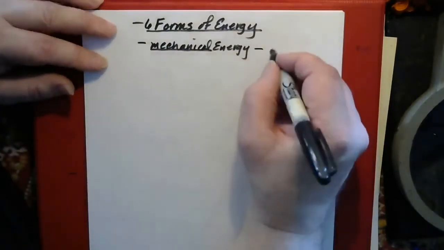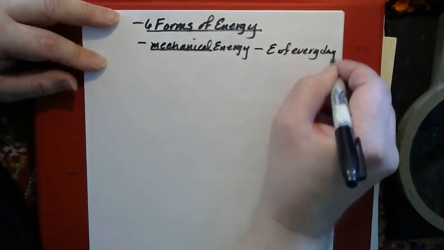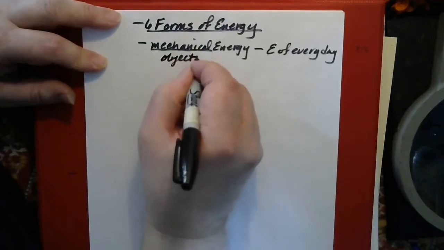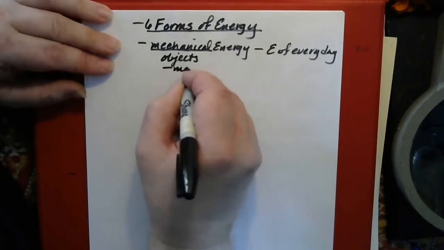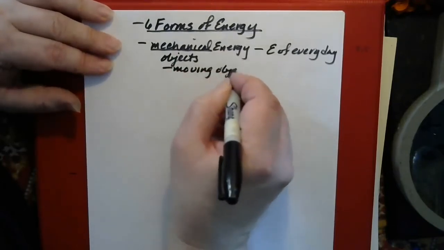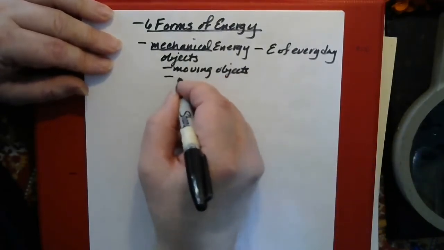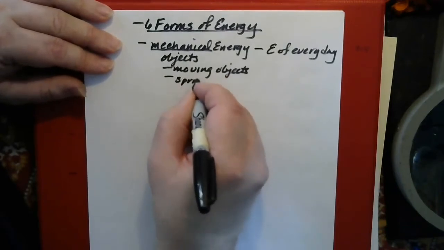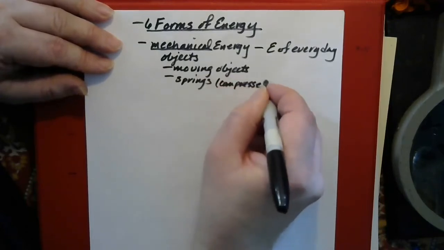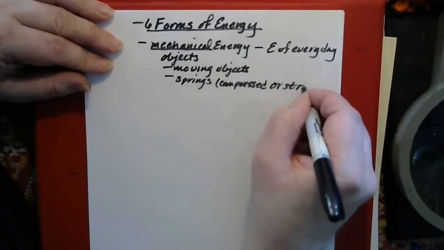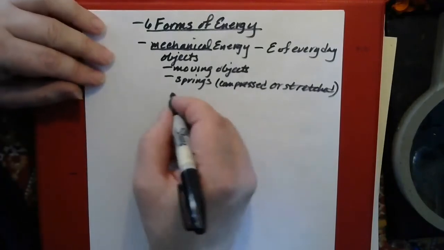Mechanical energy is the energy of everyday objects. Moving objects, for example, stretched or compressed springs. Machines, motors.